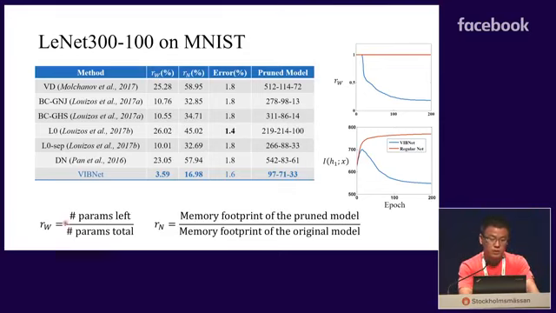First is RW, the ratio between the parameters left and the parameters of the original model, and Rn, the ratio between the memory footprint of the pruned model and that of the original model. And also we evaluate the accuracy. We can see our VIB net produces the lowest RW and Rn, which means the compression performance is much better than the previous methods, and the error is comparable to the previous methods.